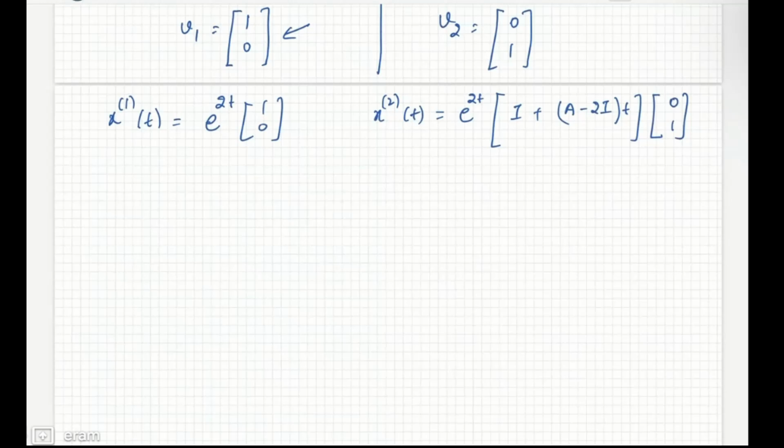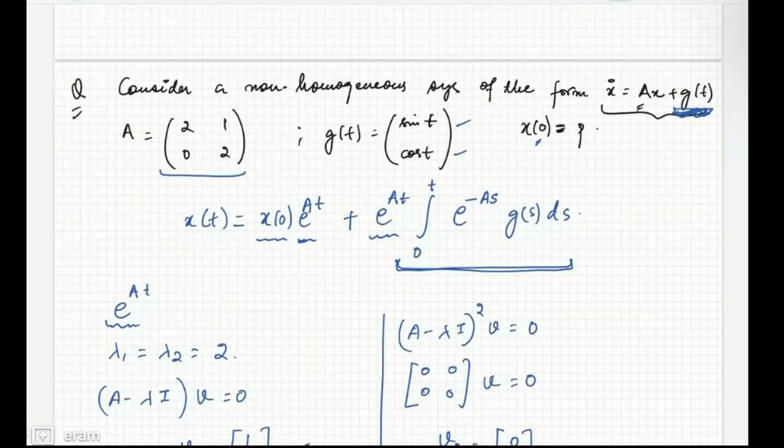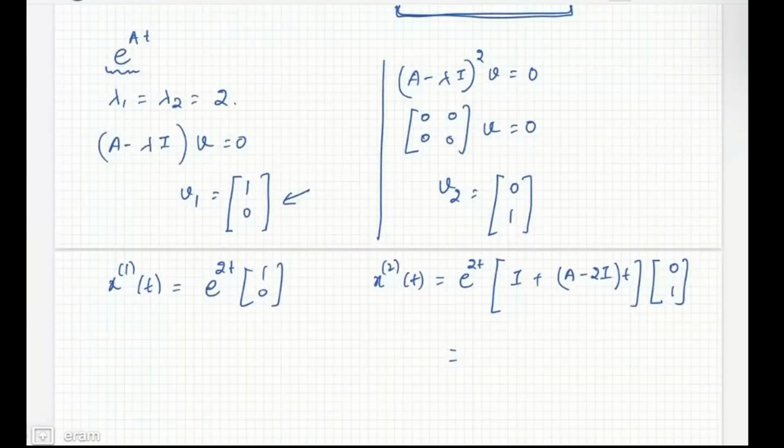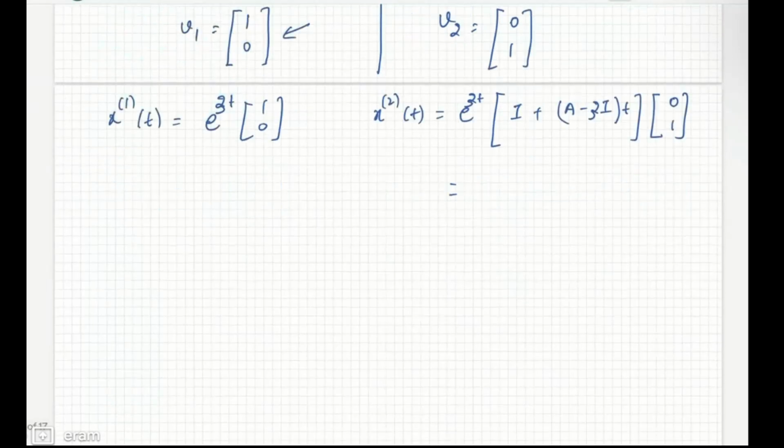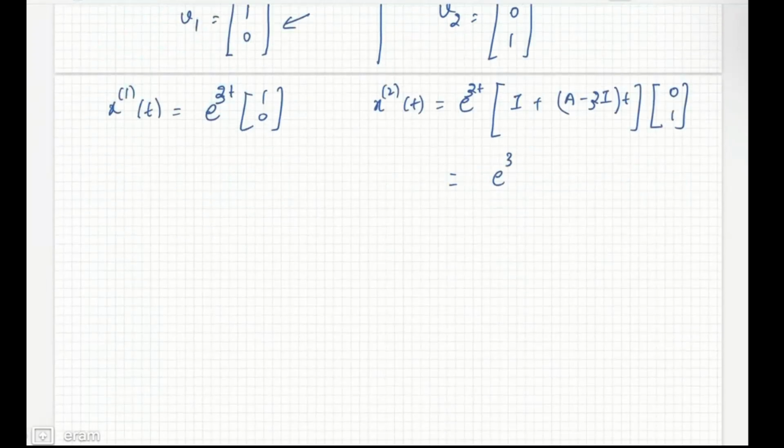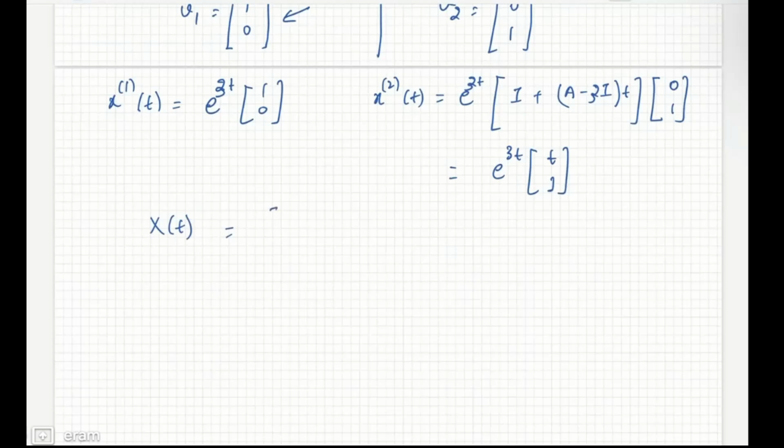Okay, so when you do this you will get, let's take it as 3, e to the power 3t [t 1], and x(t) can now be easily given as e to the power 3t, 0, t e to the power 3t, and e to the power 3t.